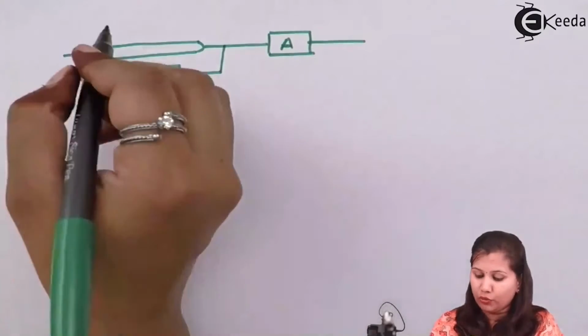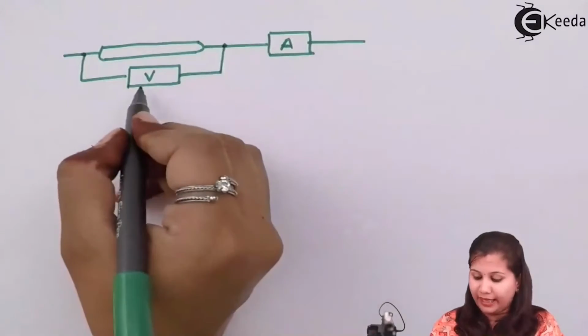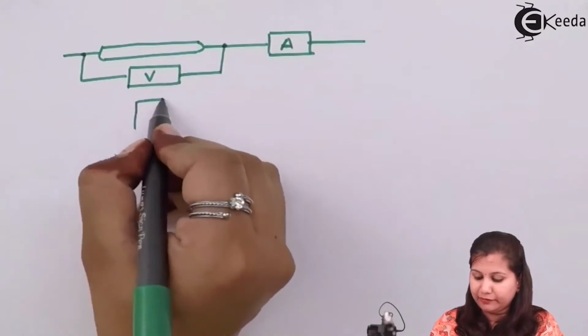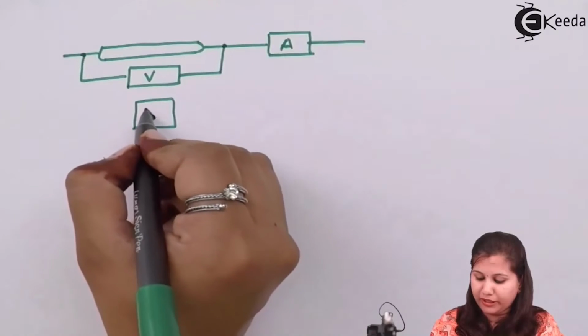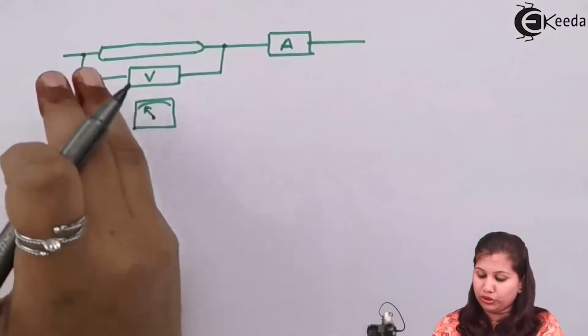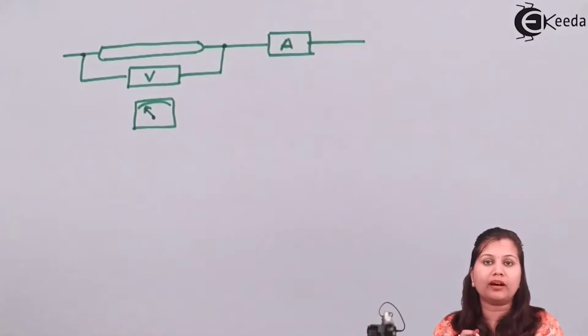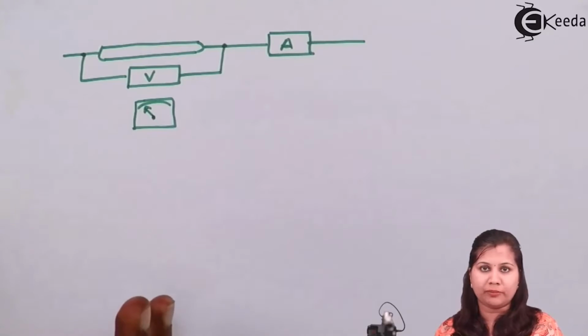Whatever voltage is there across this conductor will be indicated by the deflection of the pointer across a scale. These types of methods are called the deflection methods, where a pointer is deflected over a calibrated scale, and by reading the pointer we get the result of the measurement.